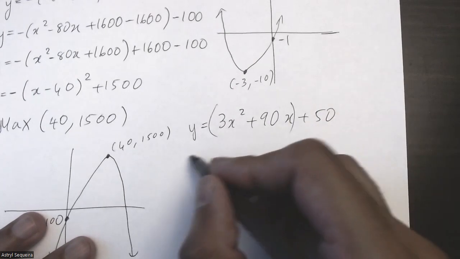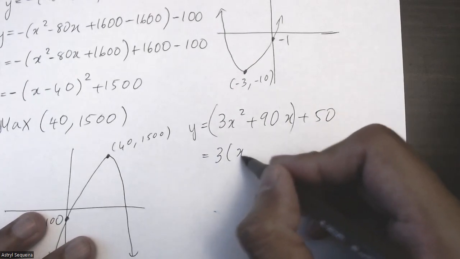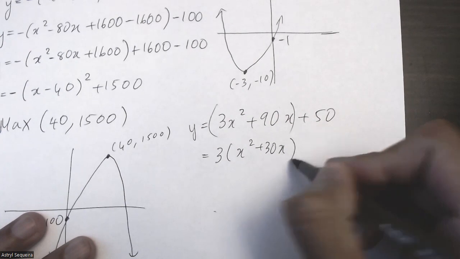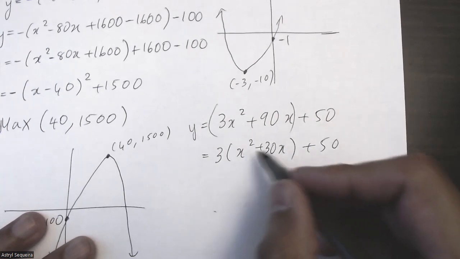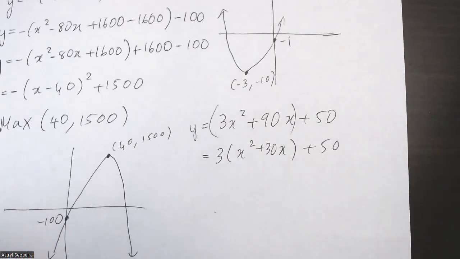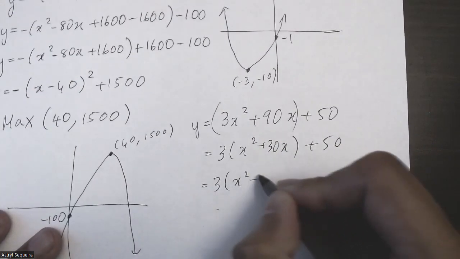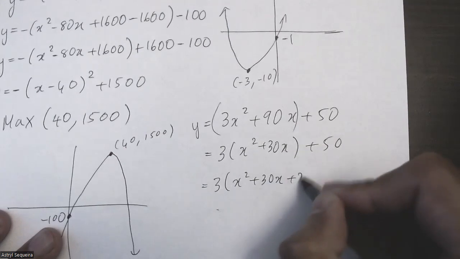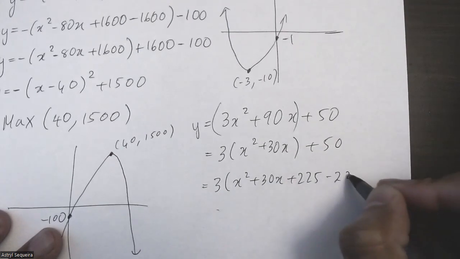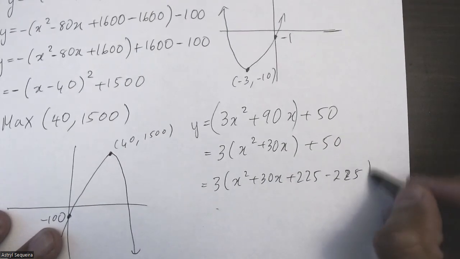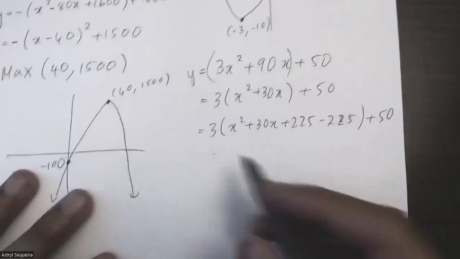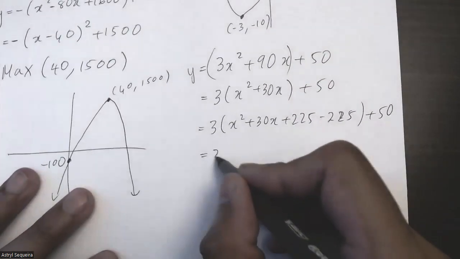Bracket my first two terms. Factor out the 3. Find my magic number. 30 divided by 2 is 15. 15 squared is 225. Bring the negative out and multiply with the number in the front.